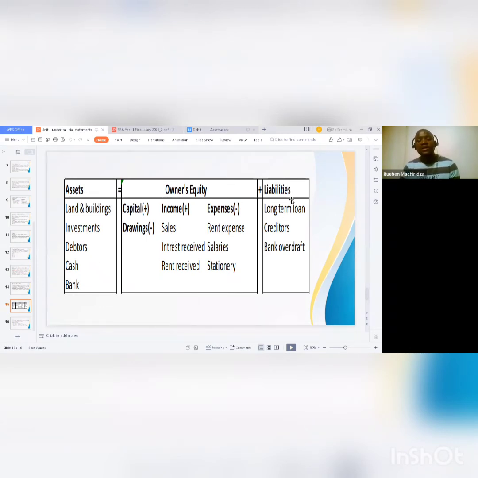So we acquire liabilities, be it a loan, be it a bank overdraft, or buying on credit, for the purposes of financing the assets of the company. So here we should have inventory, those goods that we buy for resale, to create creditors.